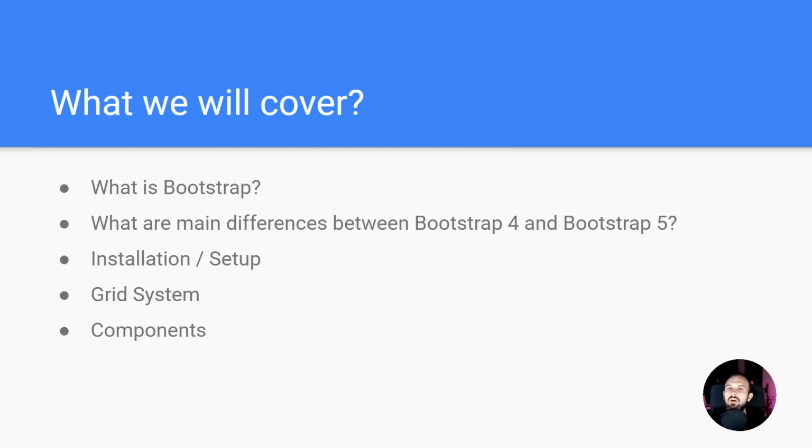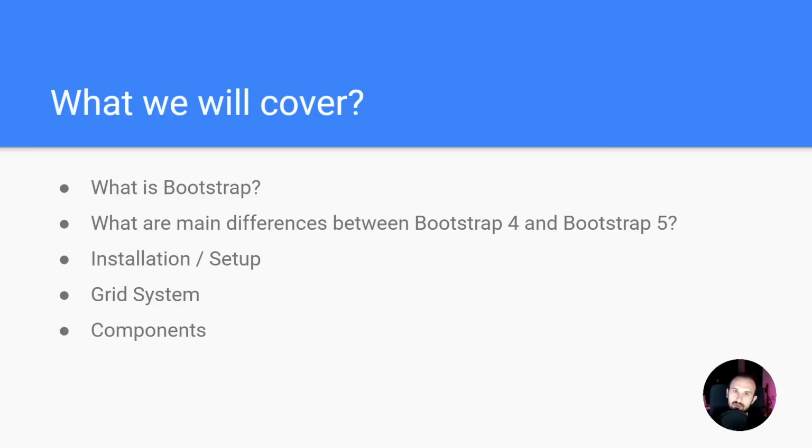Okay, so what we will cover in this crash course: what we already discussed, what Bootstrap is. I'm gonna also give you a small comparison of the main differences between Bootstrap 4 and Bootstrap 5. What has changed? And then we're gonna move to the practical part, which will take most of the time in this crash course.